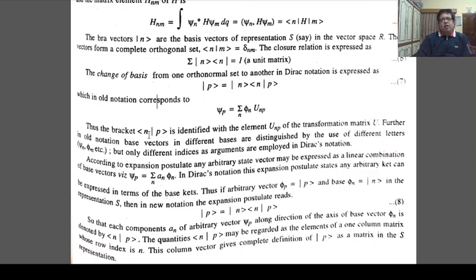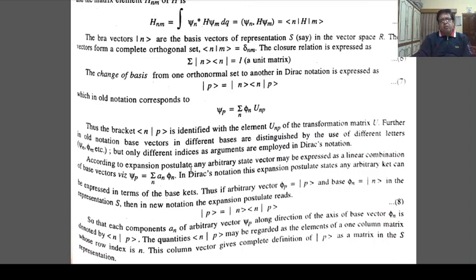Thus the bracket ⟨n|p⟩ is identified with the element Unp of the transformation matrix U. Further, in old notation, base vectors in different bases are distinguished by the use of different letters ψn, φm, etc., but only different indices as arguments are employed in Dirac's notation.